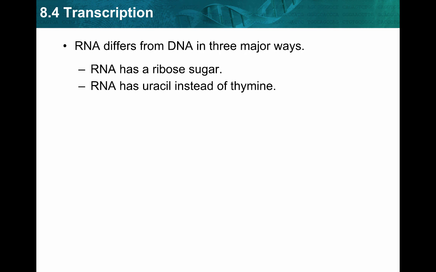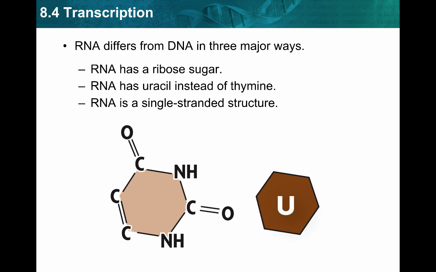So instead of 3 thymines attached to adenines, we would have 3 uracils, UUU, because there is uracil in place of thymine. And also RNA is a single-stranded structure. It's not a double helix, it's not a two-sided ladder. RNA is just a single strand. Okay, so there's our uracil instead of thymine.